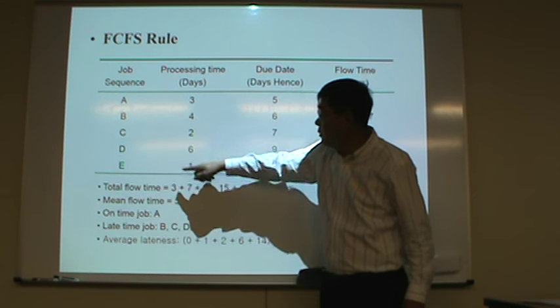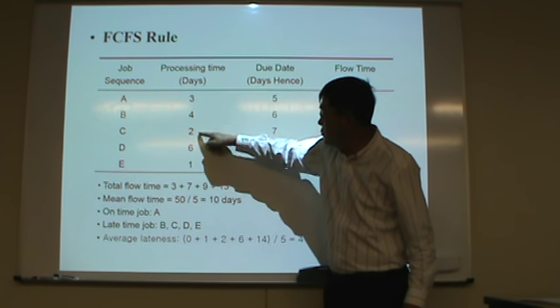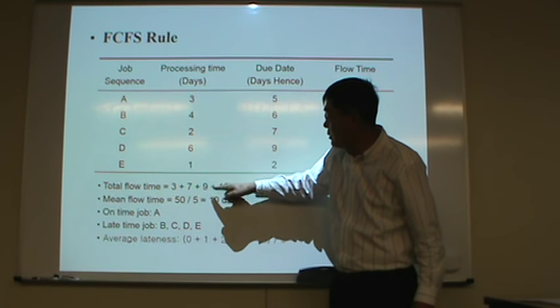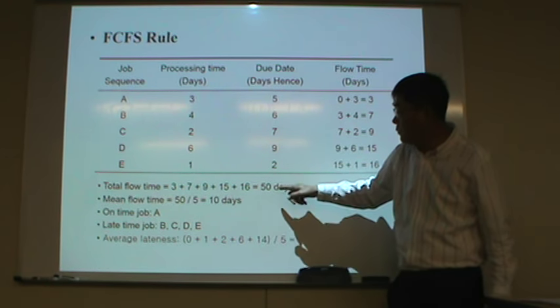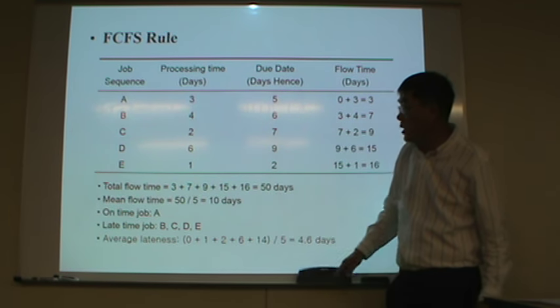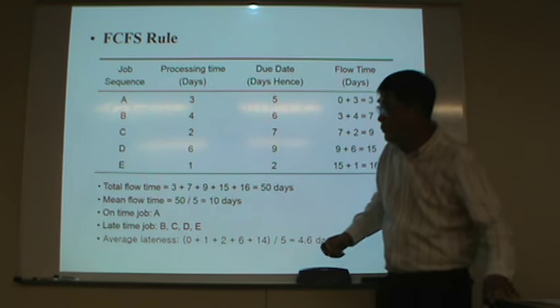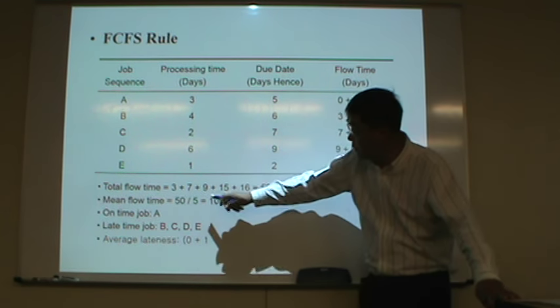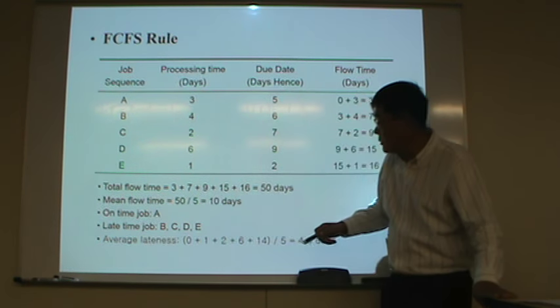So the flow times are 3, then 7, plus 2 is 9, plus 6 is 15, plus 1 is 16. So the total flow time to finish all jobs is 50 days. Mean flow time is total flow time divided by the number of jobs, that is 10 days.